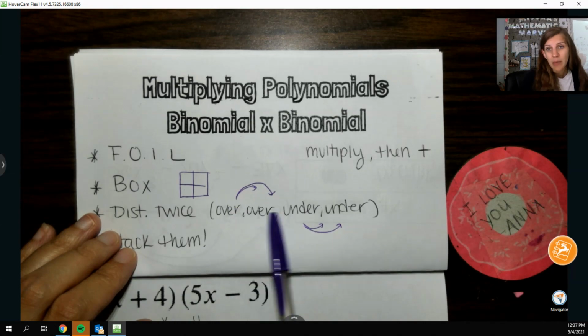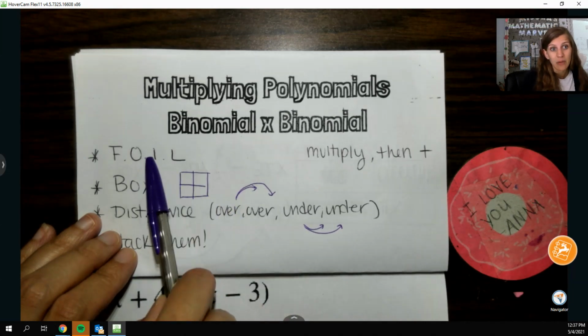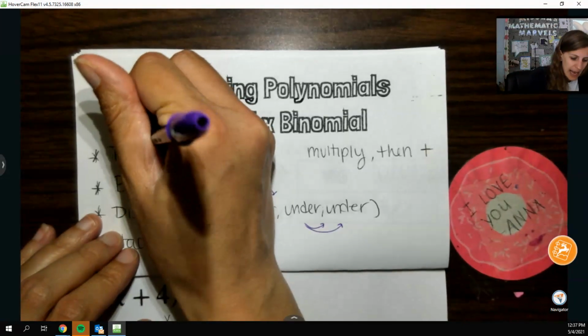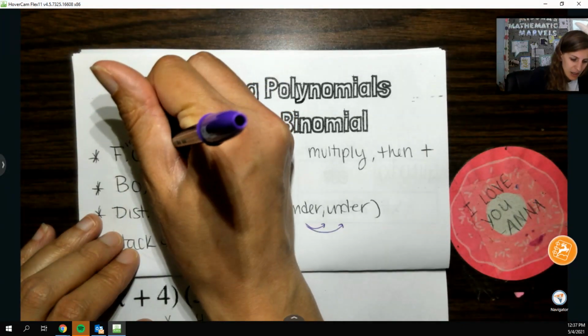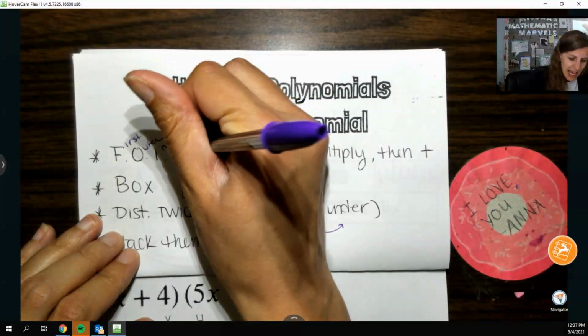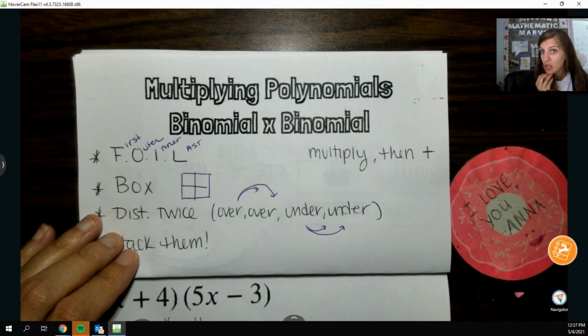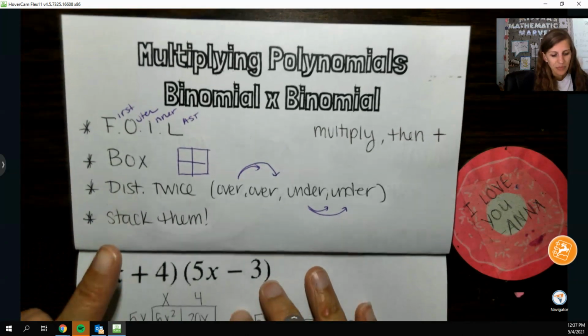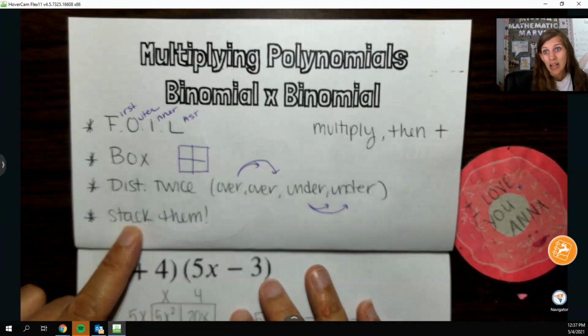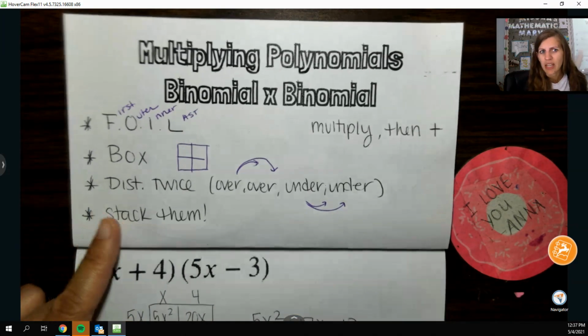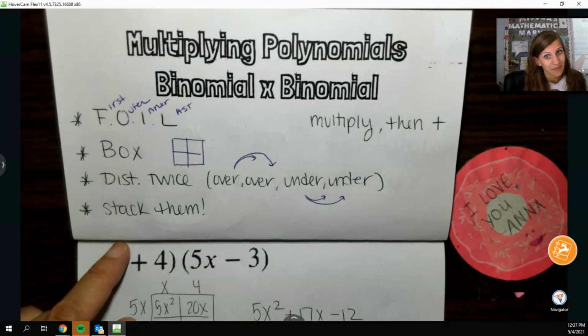I then told you that people took that and made a little acronym out of it for FOIL, which stands for first, outer, inner, and last, as a cute little acronym to help me remember which numbers I multiply. Or we also talked about stacking them, like old school multiply where I just stack the numbers on top of each other and I multiply away like I would normally do, which I think was everybody's least favorite.